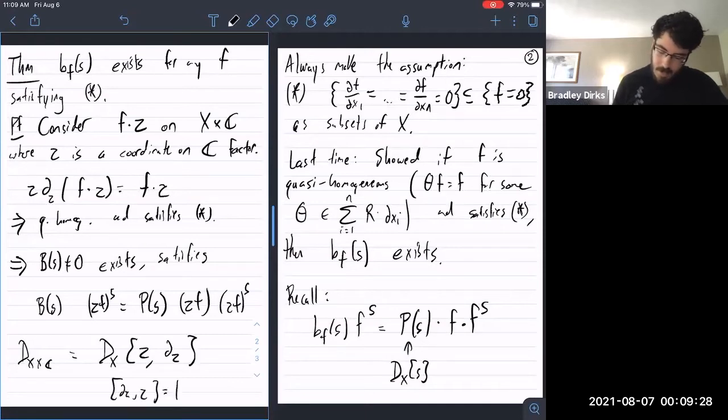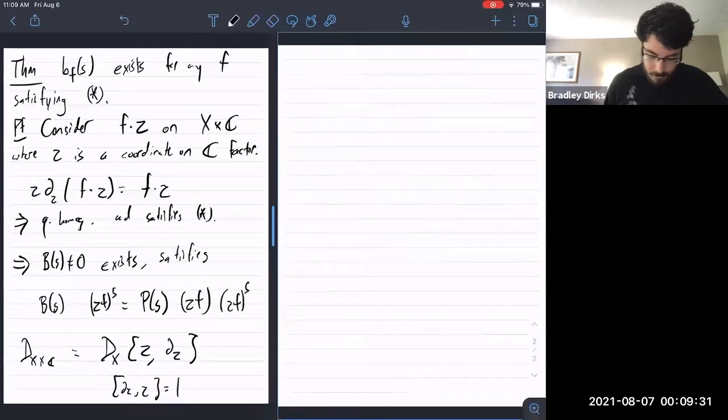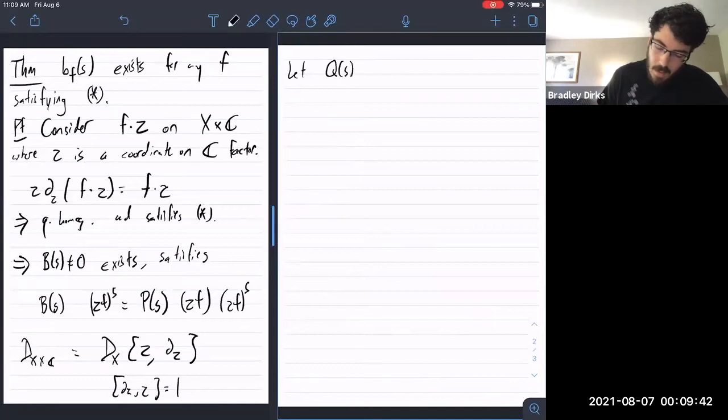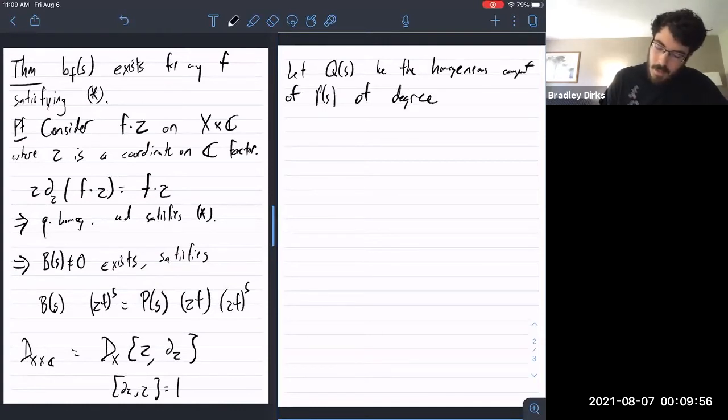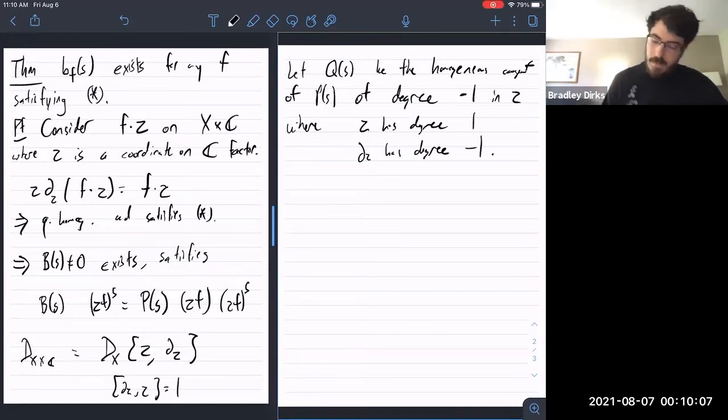And so we could write P(s) as a sum of things, but actually, sorry, I want to let Q(s) be the homogeneous component of P(s) of degree -1 in z, where z has degree 1 and dz has degree -1.